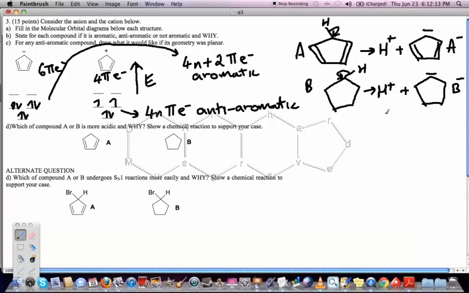Now here's the hierarchy for stability for compounds that are aromatic, non-aromatic, or anti-aromatic. We know that aromatic is going to be the most stable. We know that non-aromatic will be the next. And then the worst will be anti-aromatic.